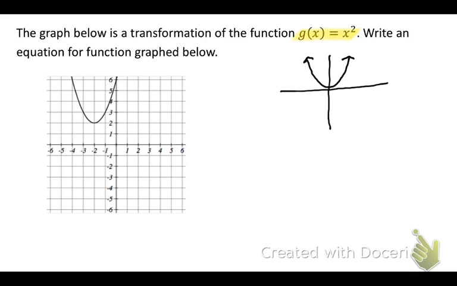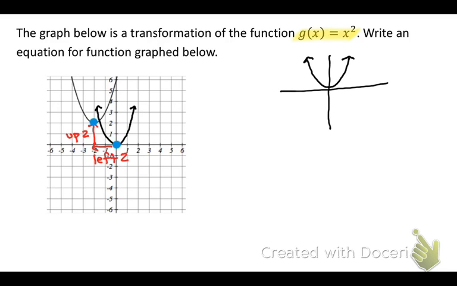So think about the parent function x squared would look something like this, and its vertex is at 0, 0. We are moving this whole parabola left 2 and up 2. So we need to think about how that is going to look in our equation.